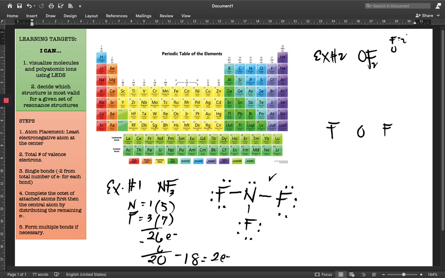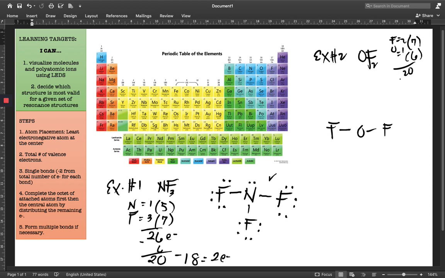There are two atoms of fluorine and one atom of oxygen. Fluorine has 7 electrons while oxygen has 6. So this is 14, 14 plus 6, you get 20 all in all. 20 valence electrons. And then after that, we form bonds: 1, 2, 3, 4.